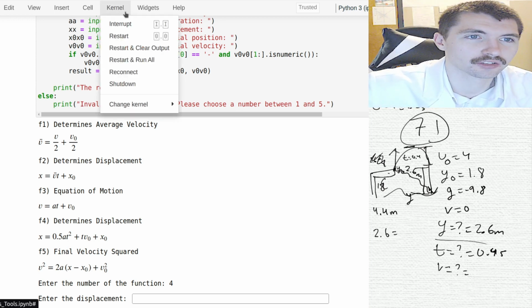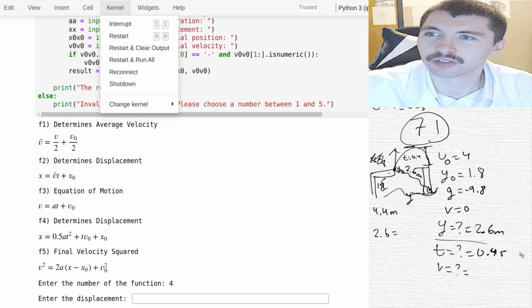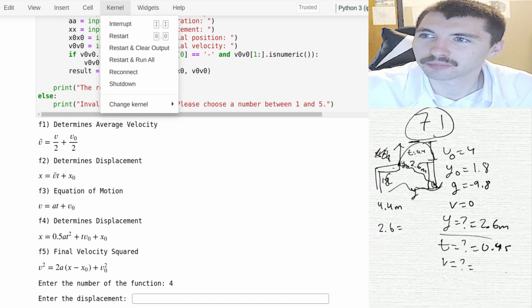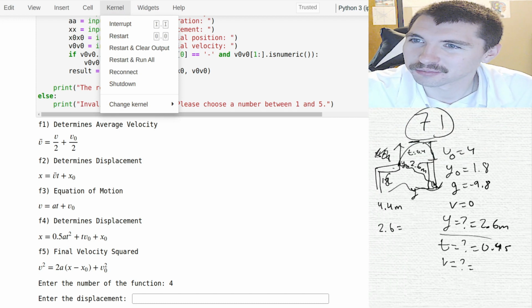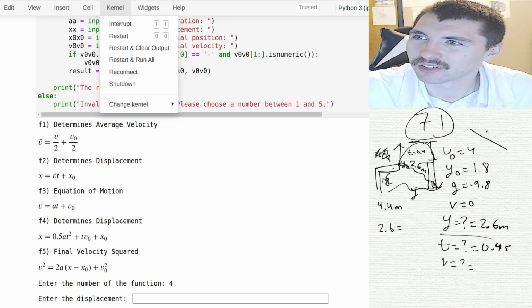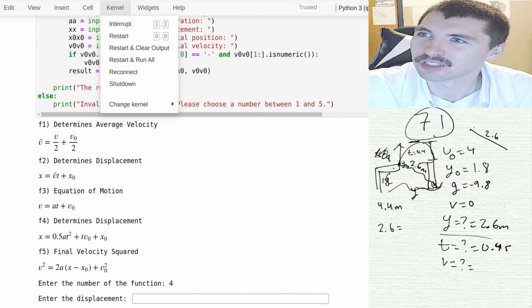Let me try something. All right, so maybe we can do some Pythagoras theorem. This is 2.6. We find this. We can probably find that.